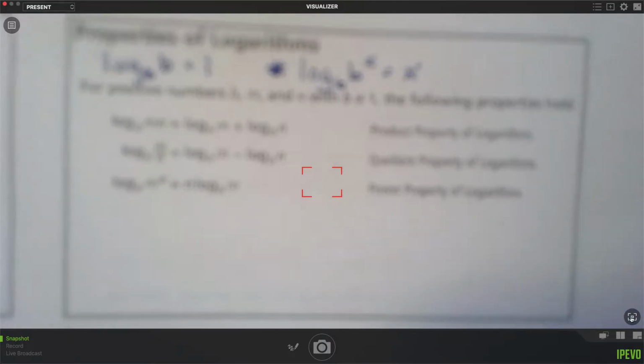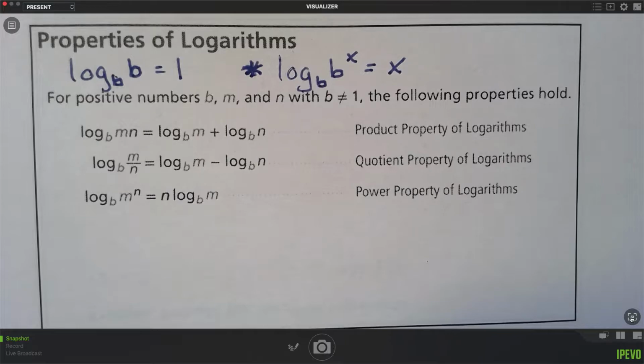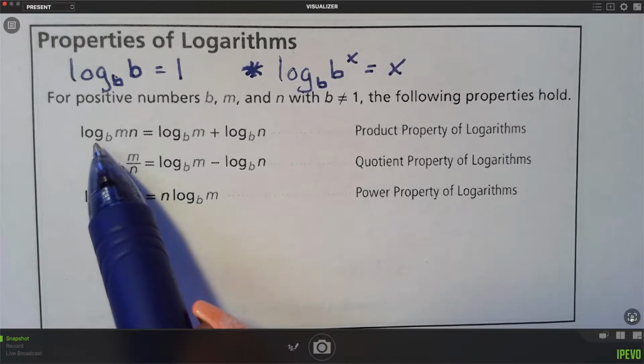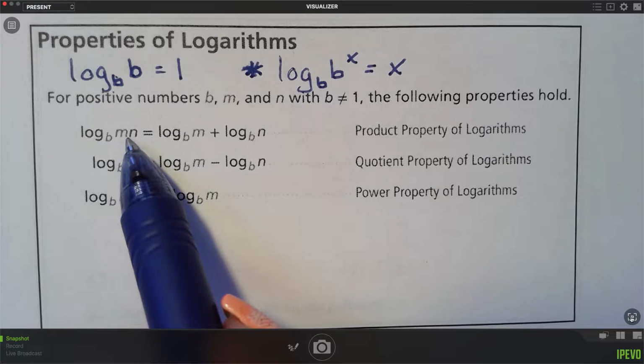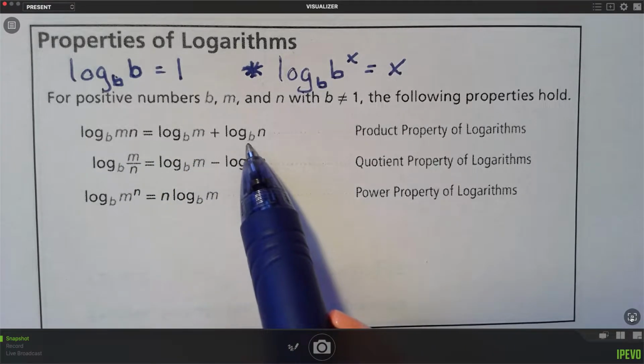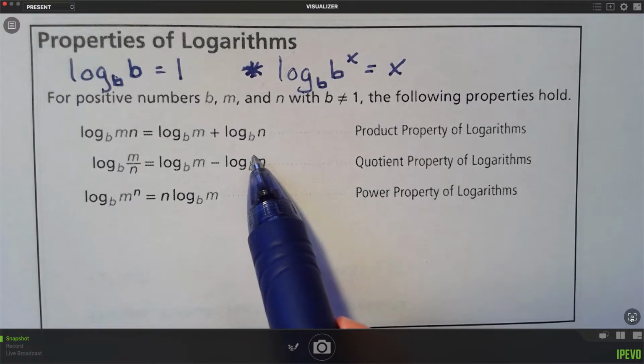When we are multiplying exponents, x to the 5th times, we add them, right? So an exponential and logarithmic are inverses of each other, correct? So when we have log base b of m times n, it's log base b of m plus log base b of n. We're going to add them. All these stem from the fact that they come from the exponent rules.